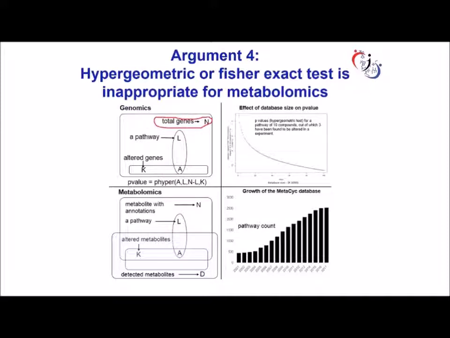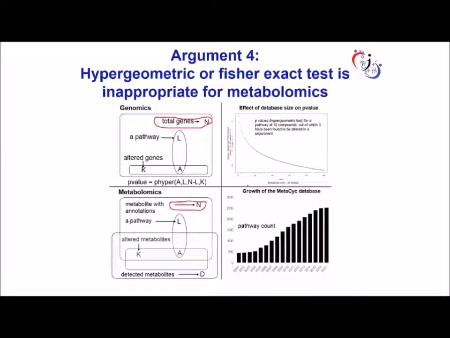However, in metabolomics, we don't know the size of the background database, and it is not fixed. And if you use existing biochemical databases as a background database for the hypergeometric test, our analytical assays covered several compounds that are not part of these databases yet. So here we have detected metabolite D, and D covers several other compounds that are not yet covered in the database.